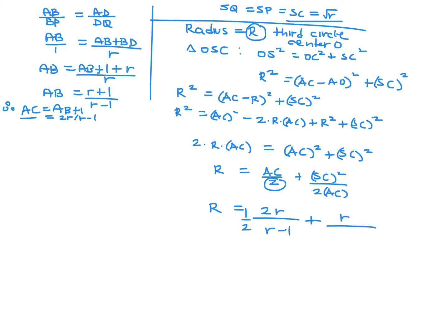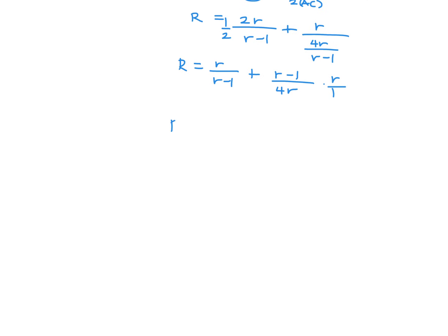And then 2AC, well, AC is right here, so it's just a flip. So it would be 4R over R minus 1. Yeah. So then R would be R over R minus 1. And when you invert and multiply this guy, it would be R minus 1 over 4 times R over 1. So therefore, if I'm doing this correctly, this would be R over R minus 1 plus R minus 1 over 4.